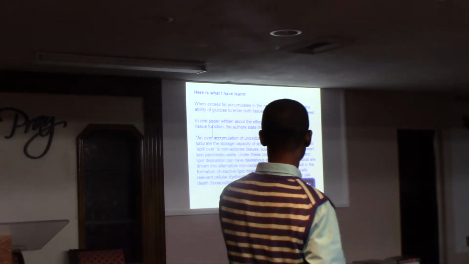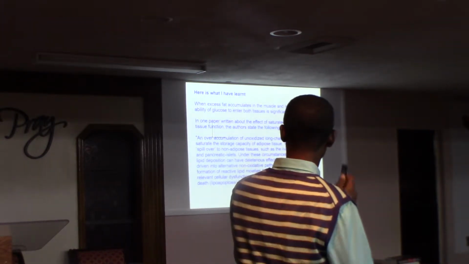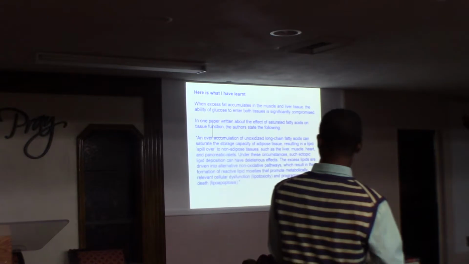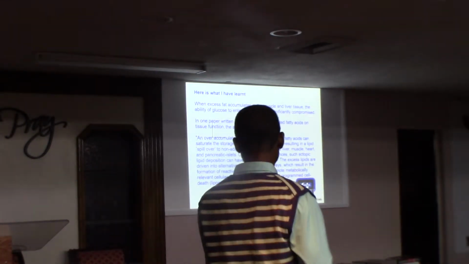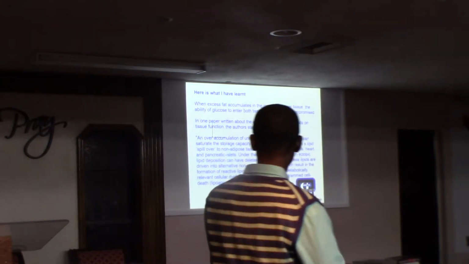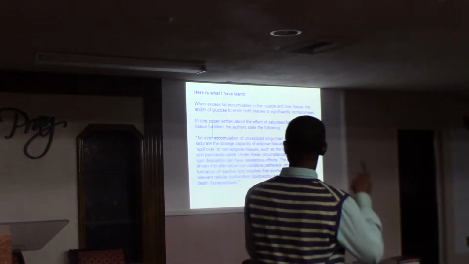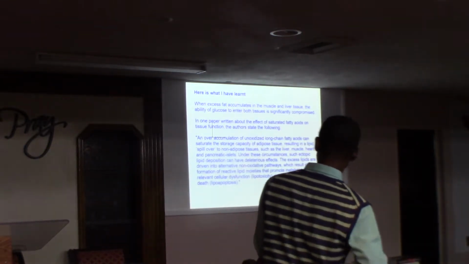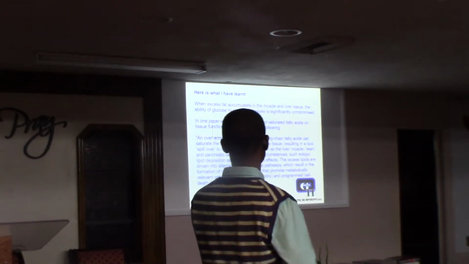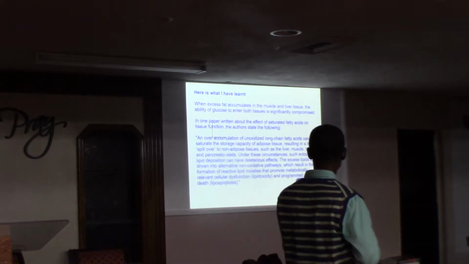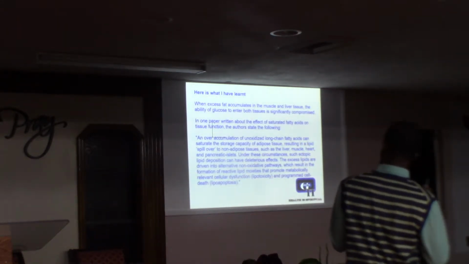Under these circumstances, such as ectopic lipid deposition, can have deleterious effects. The excess lipids are driven into alternative non-oxidative pathways, which result in the formation of reactive lipid moieties that promote metabolically relevant cellular dysfunction.